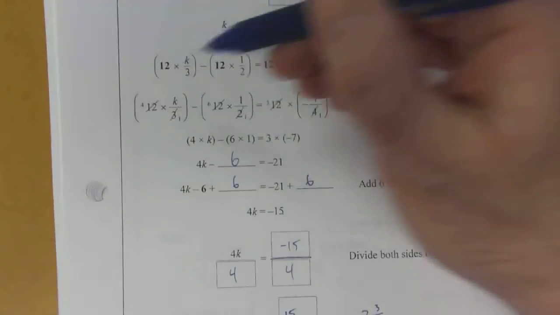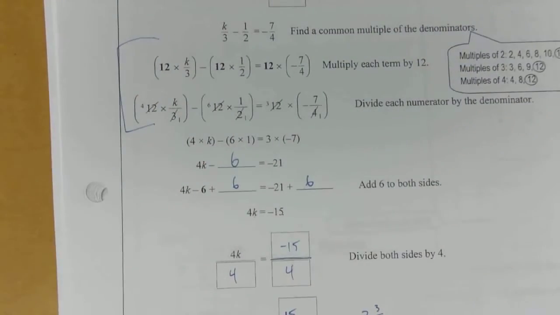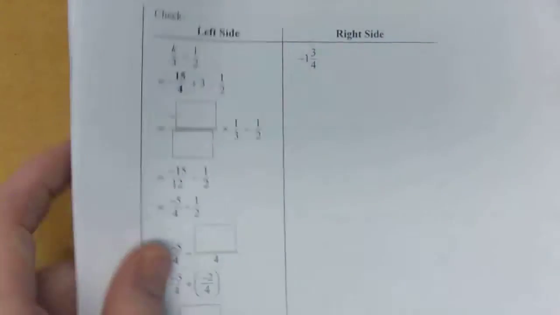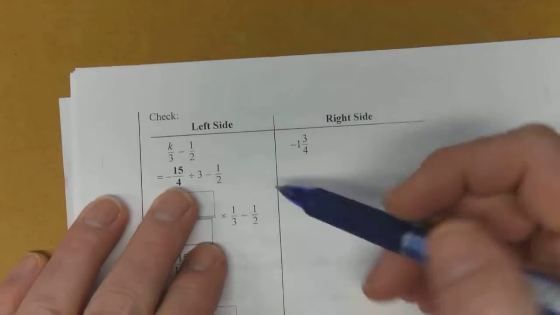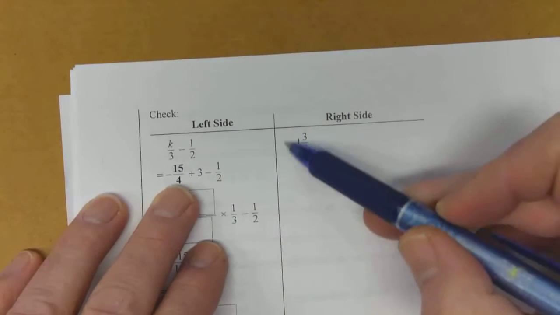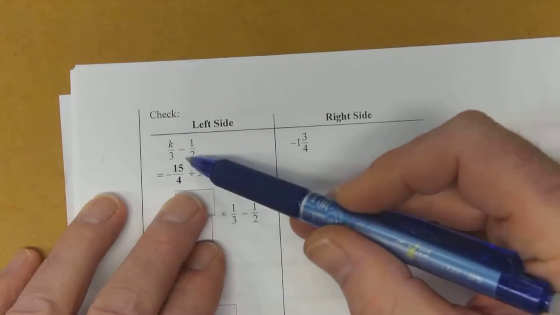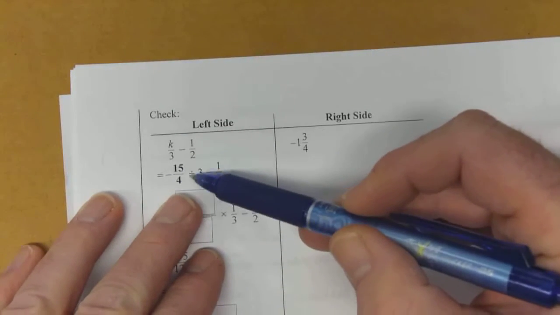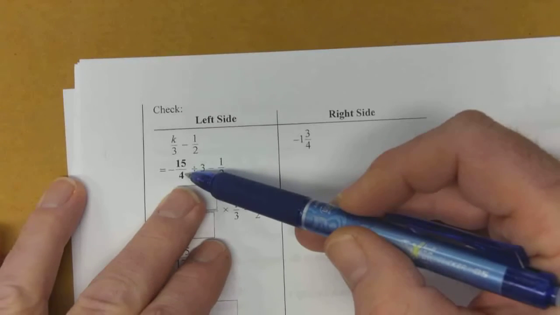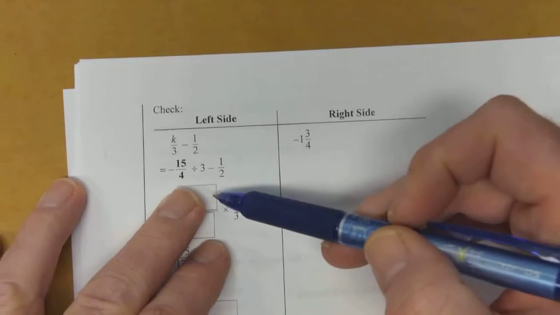You will practice this process a fair bit, so it will start to get easier on how to eliminate the denominators and fractions. All right, now, of course, we've got to check our work. So left side of the equation, right side of the equation. Everywhere that there's a k, we're going to substitute in our improper fraction, negative 15 over 4.